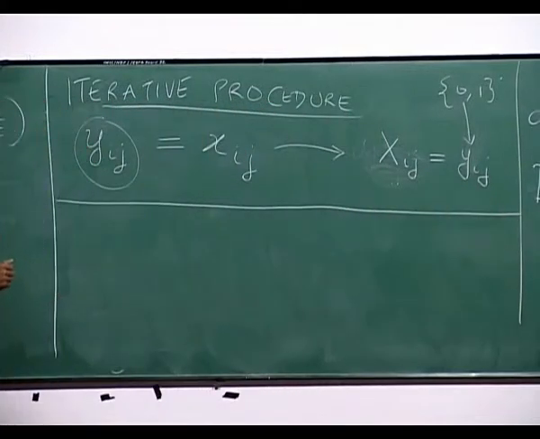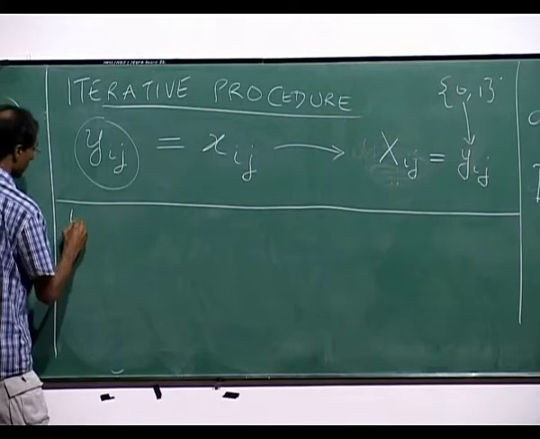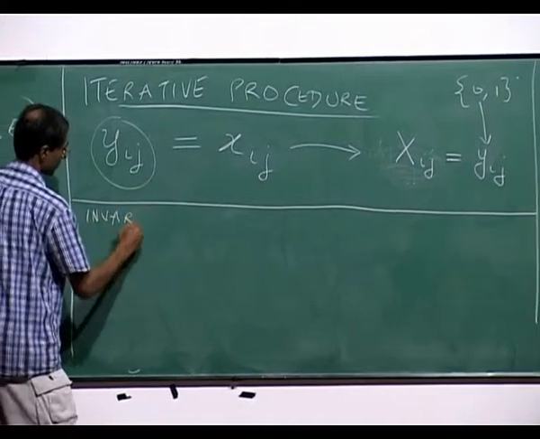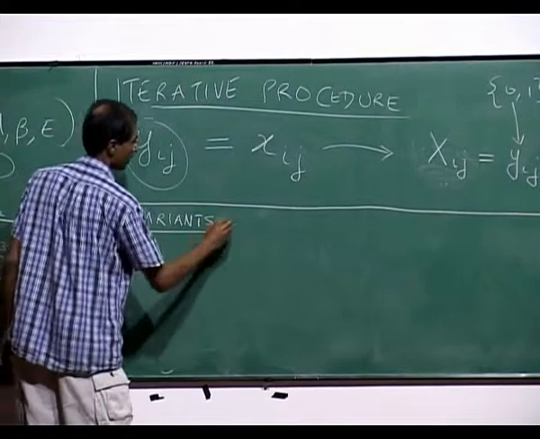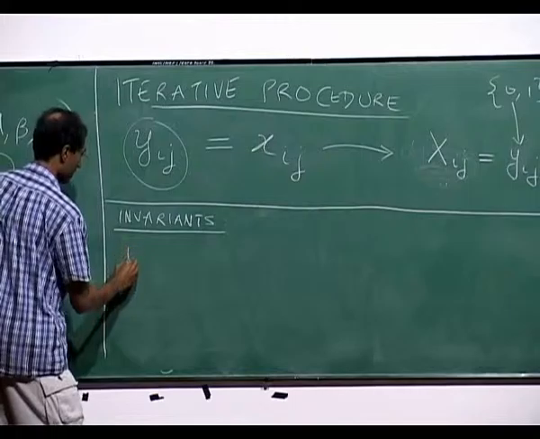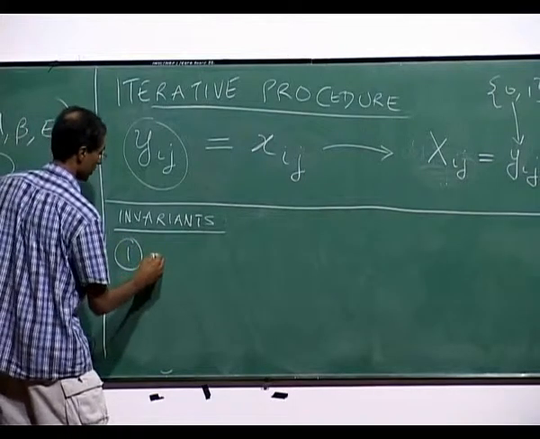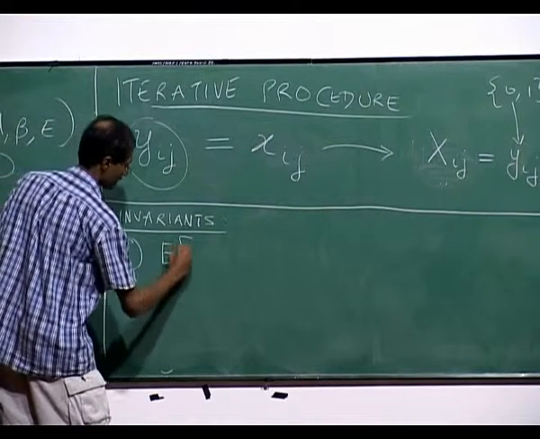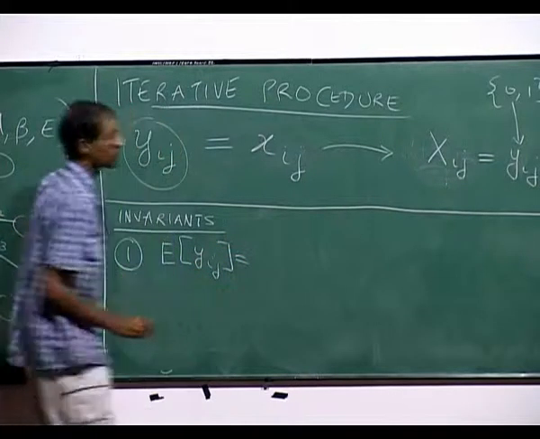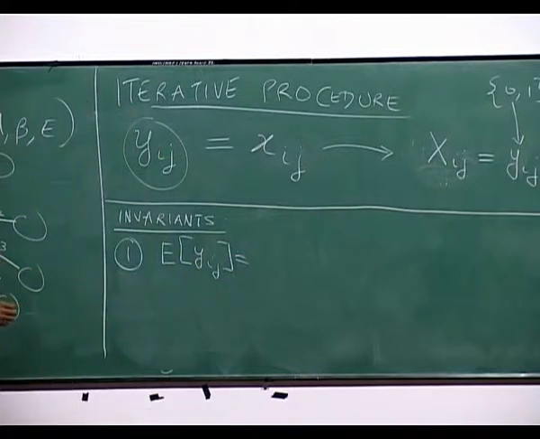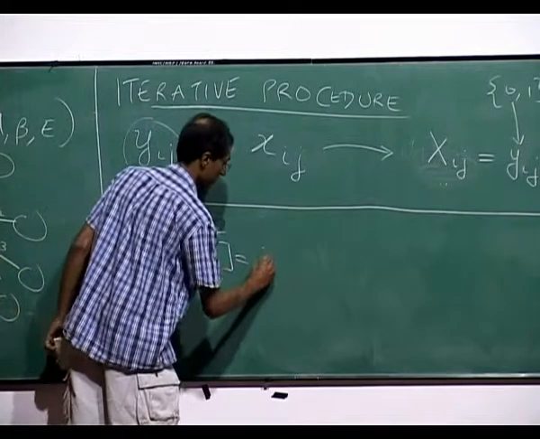We will always try to maintain some invariants. One invariant we will maintain is that the expectation of yij is always xij.